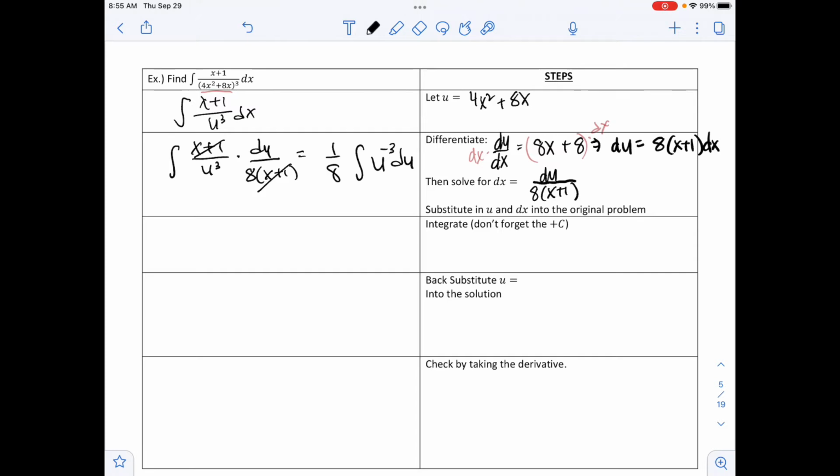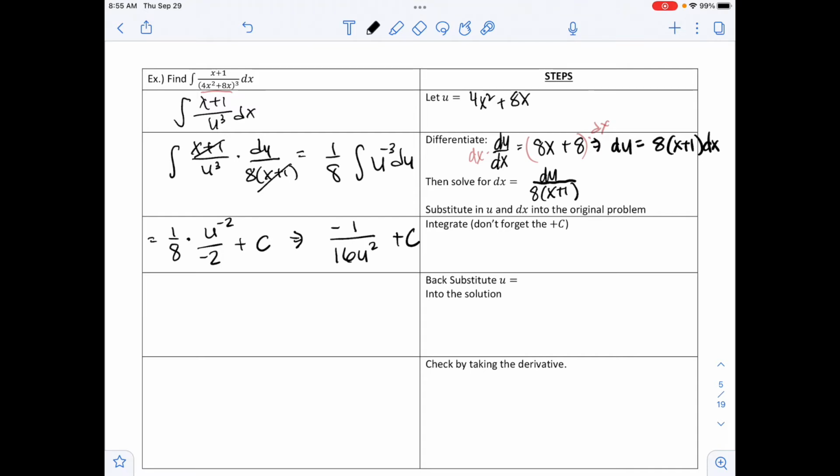And so now integrating this, we have the 1/8, which is just our constant, times, and then we're going to add 1 to the exponent and then also divide by that same value. So u to the negative second over negative 2 plus our constant c. Cleaning this up a little bit, this is the same thing as negative 1 over 16u squared plus c. And then the next thing is to back sub in u.